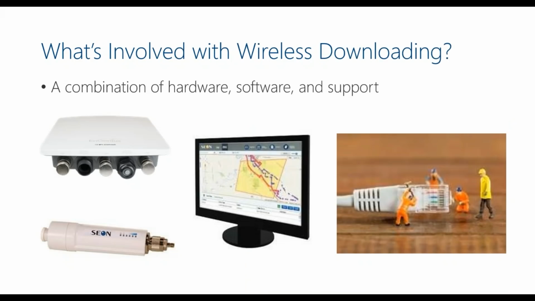Great. And what is involved with it? We establish hardware at a fueling station, at a transportation compound, or even at the school pickup and drop-off zones. There's Wi-Fi hardware on the buses, and then there is software involved to manage the video downloads, and then support to make it all work.